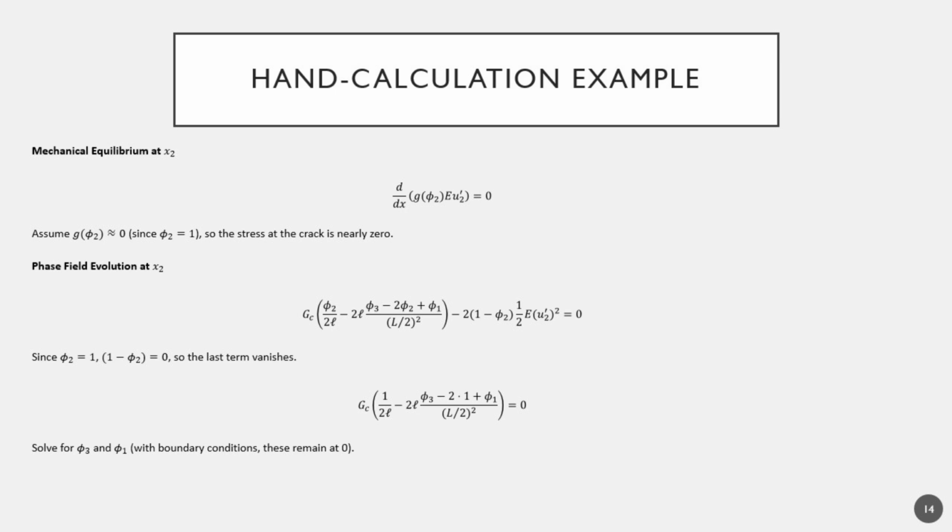And also we can use the phase evolution equation, that is equation number 7 in the previous slide, to get the expression for GC, that is the critical energy release rate. And this gives us the fundamental equations, like we can put the numerical solutions to it and get the answer.